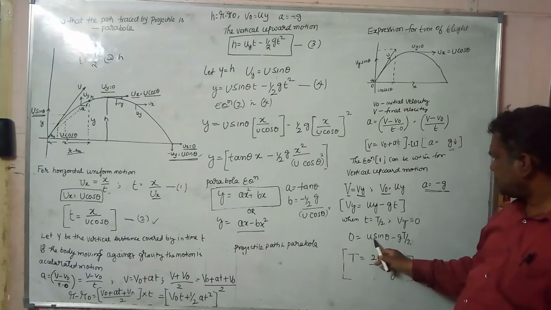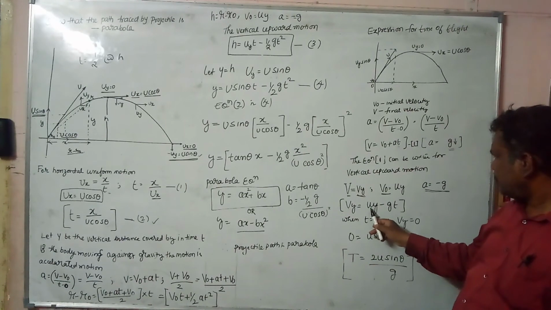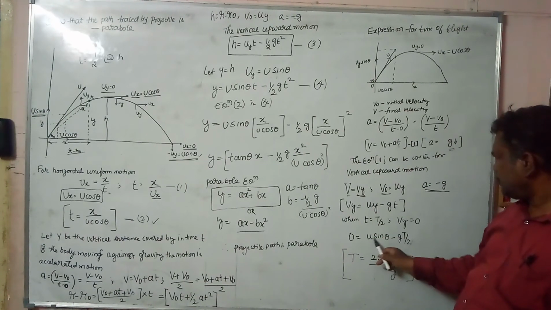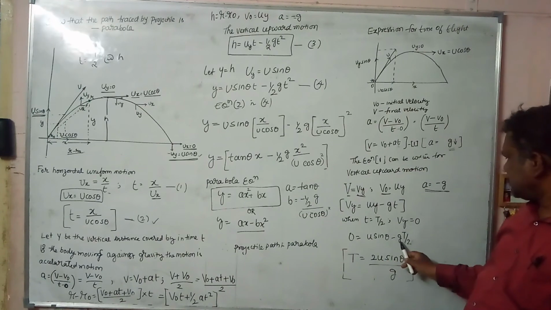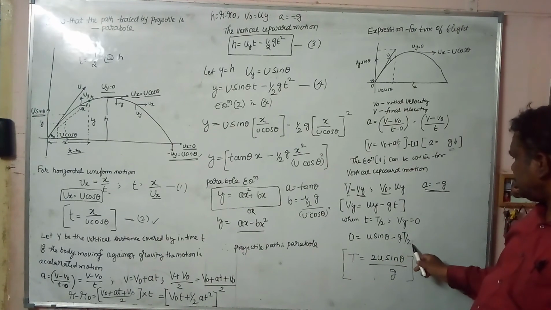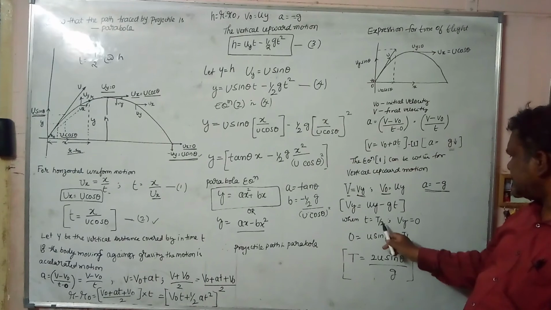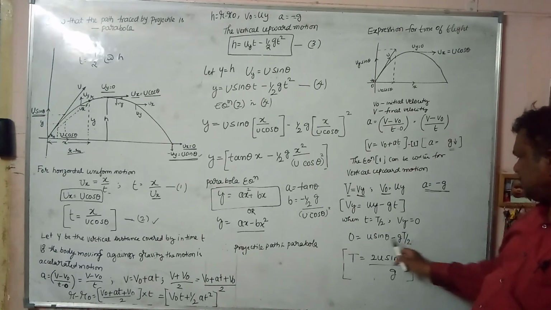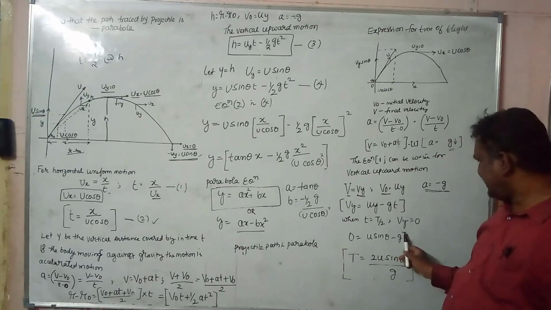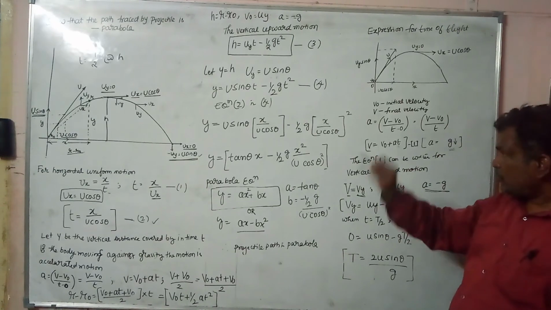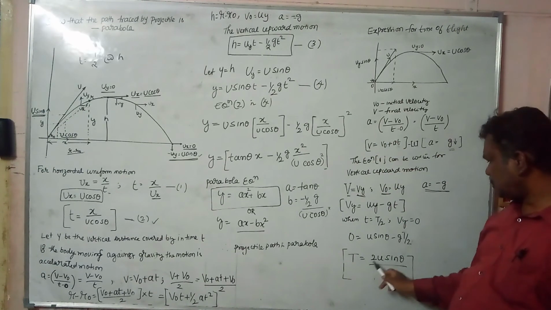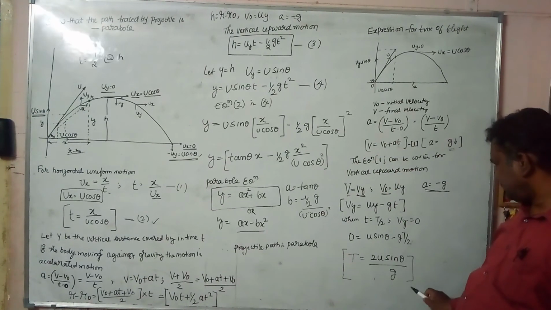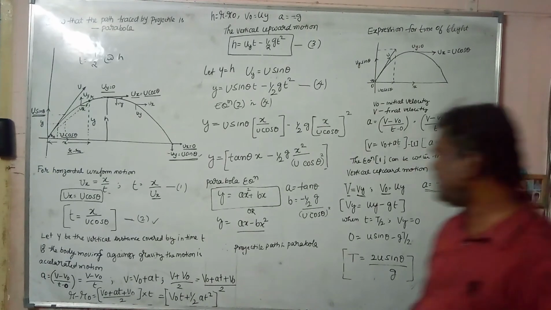Then here you can substitute: 0 is equal to u sin theta minus g T by 2. Here I am substituting t with T by 2. That's all. Then T is the time to maximum reach. Time is equal to 2u sin theta by g.